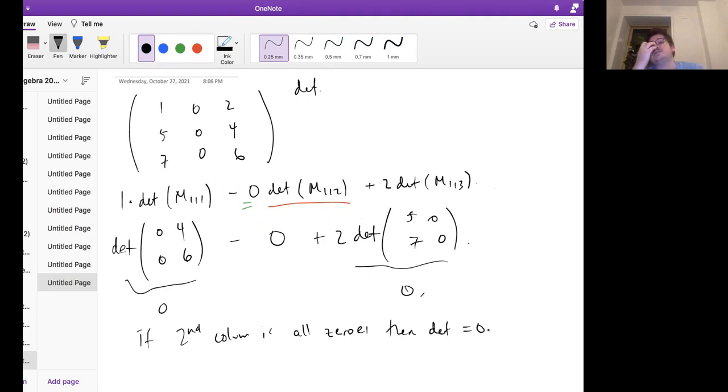How else can you know this? Without the determinant, without this formula, could you figure out why the determinant is 0? What does a row or column full of zeros tell you?